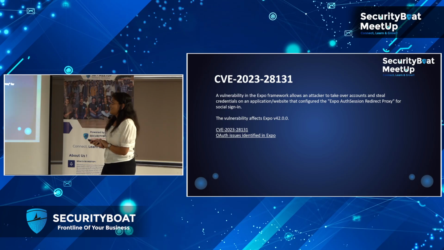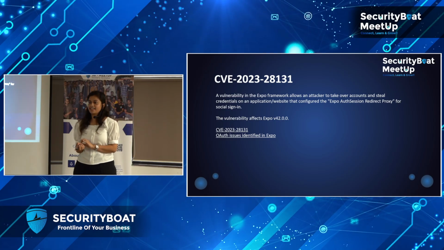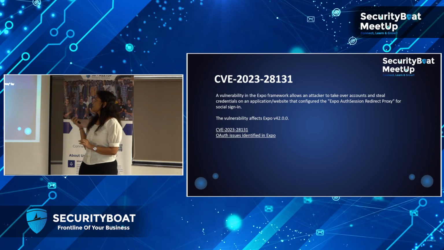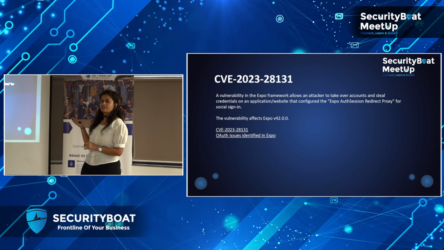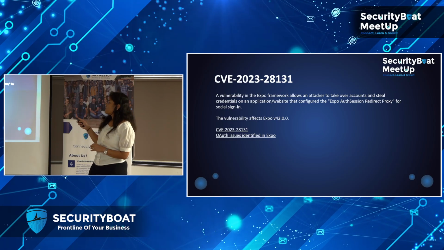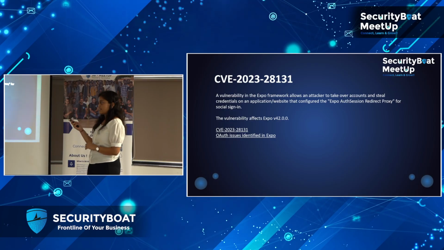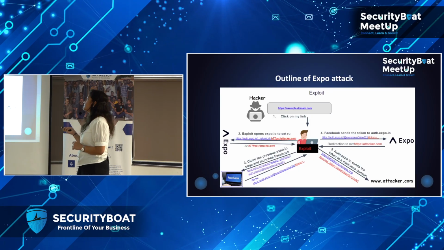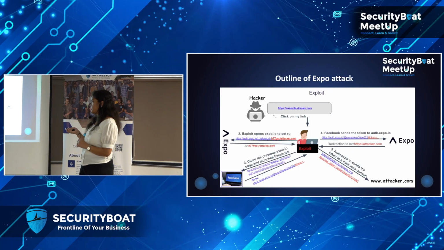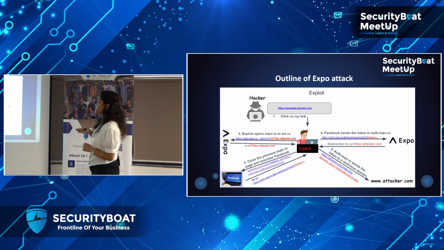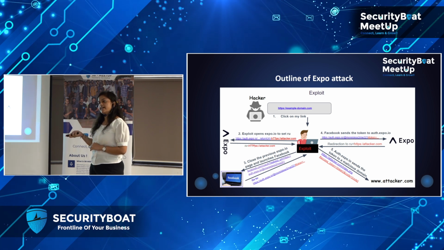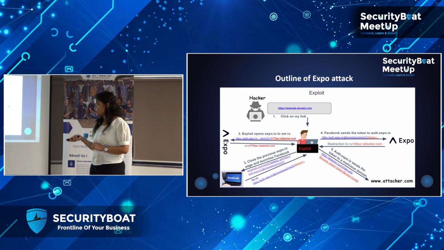This is a CVE, a recent attack that happened on the Expo framework, which was vulnerable with OAuth. What happened there is, next slide, here is the link. The attacker sends the link. The user clicks on that link. It redirects to the expo.io page.